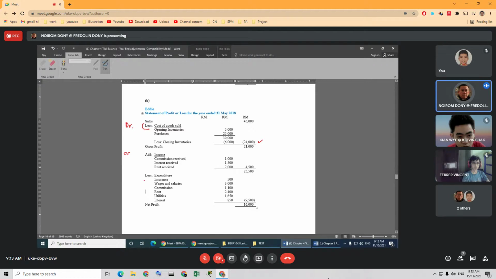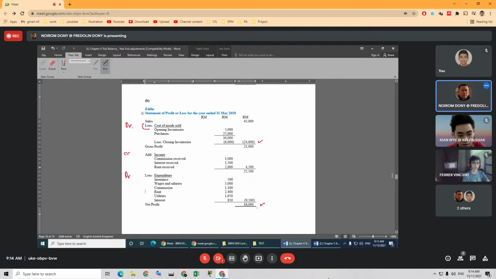Then you less, so this is debit again: all the other expenses. You list them down in the second column. After you have added, you put the total into the third column and make sure you put negative 9,005. Then you get the net profit.